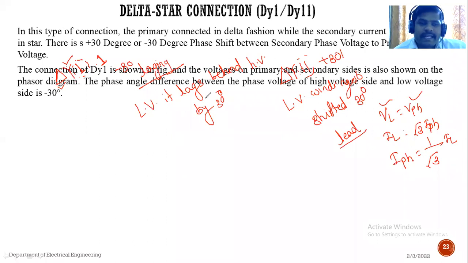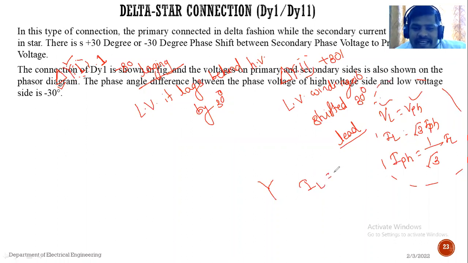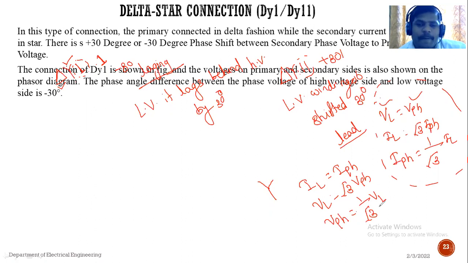These are the primary side relations, and on the secondary side the winding is connected in star. For the star connection, line current is equal to phase current, that is IL is equal to IPH, and VL is equal to √3 VPH, or in terms of phase voltage, VPH is equal to 1 upon √3 times VL.